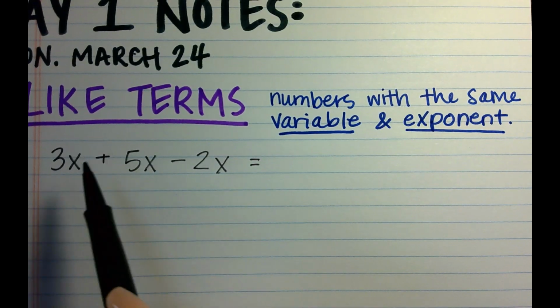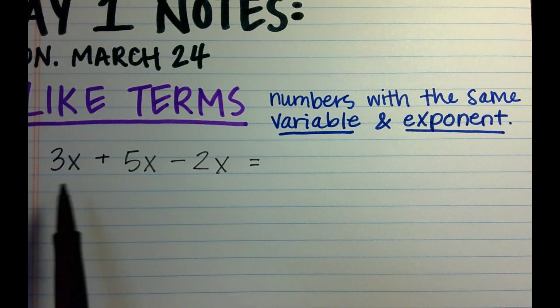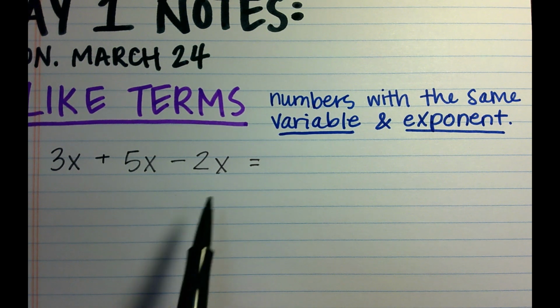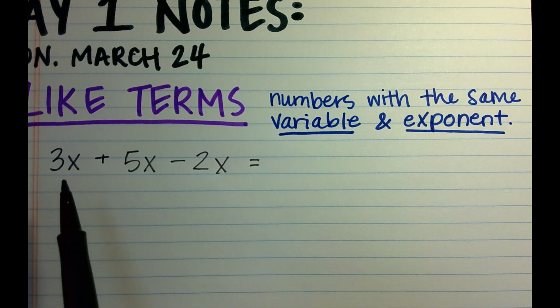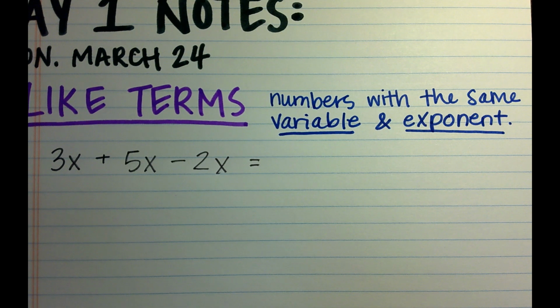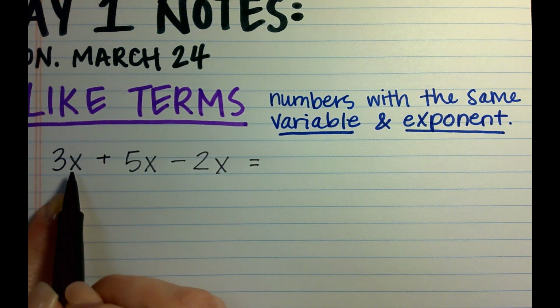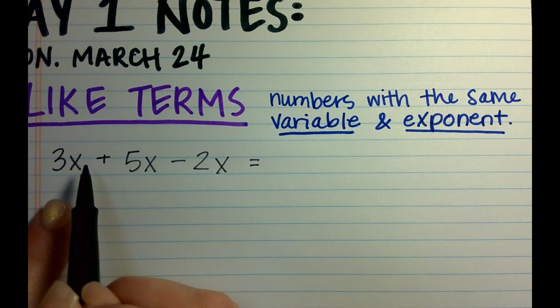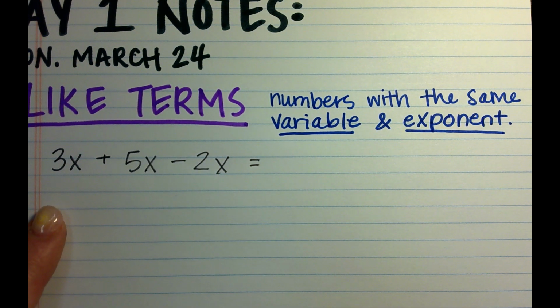There are 3 terms here, 3x, 5x, and negative 2x, or minus 2x. Are these like terms? They are like terms, yes, because they all have the same letter attached to the number. It's an x on every single one of them. Now, there is no exponent, so they have the same exponent, none.